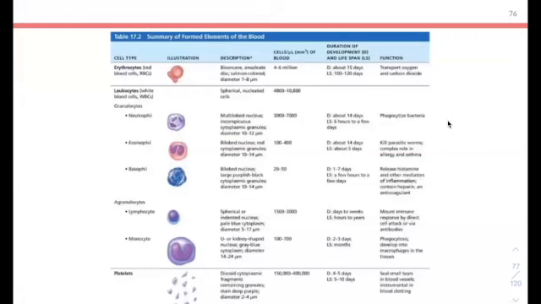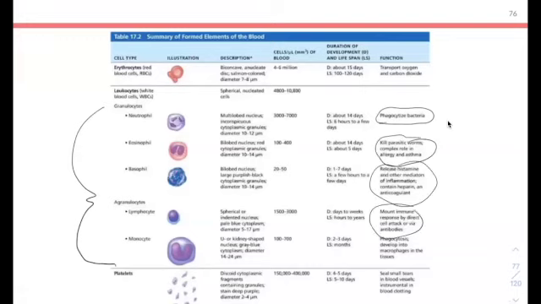I think the only thing for the white blood cells that I ask is what their functions are. So knowing, oh, neutrophils, those go for bacteria. Eosinophils, parasites and allergic reactions.